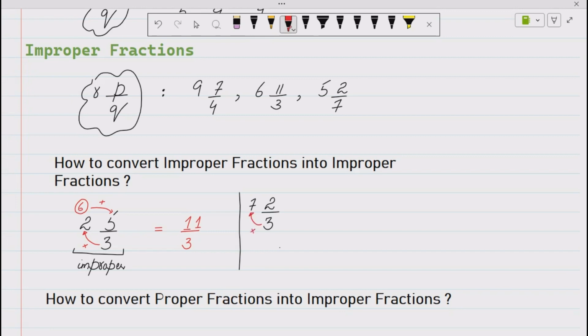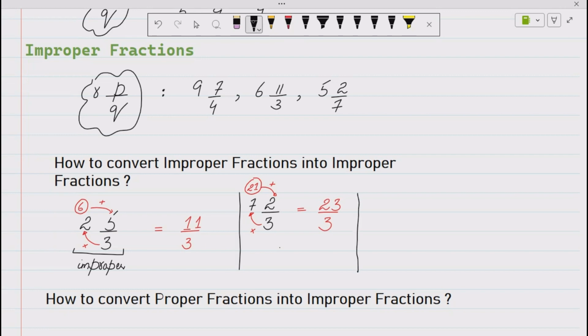So 3 multiplied by 7, we know it is 21. Now, whatever answer we got, we add it to the numerator. So 3 sevens are 21, 21 plus 2 is 23, divided by 3. And again, we got a proper fraction from an improper fraction.